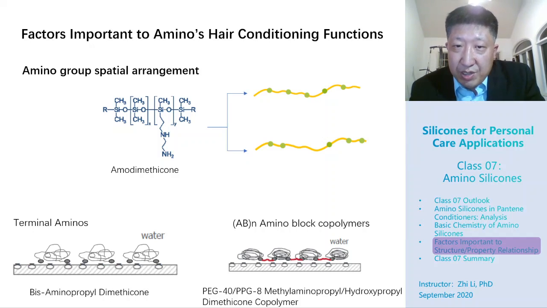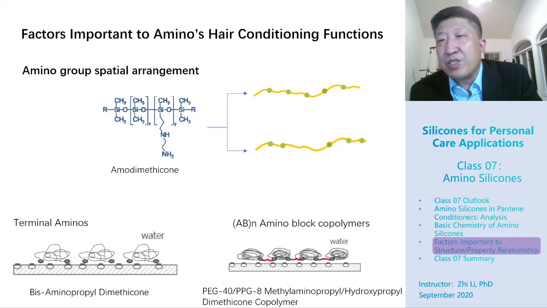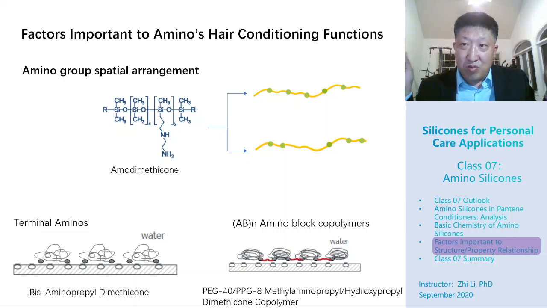Terminal aminos, we talked about terminal aminos, bis-aminopropyl dimethicone. This is kind of interesting. With terminal aminos, if you have a longer silicone chain, it is going to be associated with lower charge density. We talked about this importance. And also, if you only have two anchor groups, one of them might not function well.